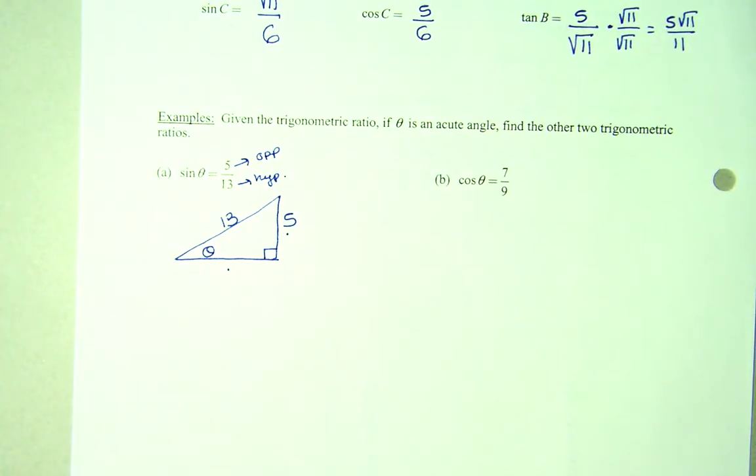I would like you to find the missing side either using Pythagorean theorem or using what Michael was about to say that I didn't want him to say just yet.